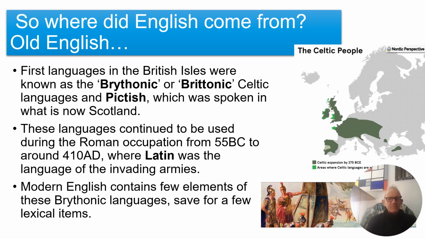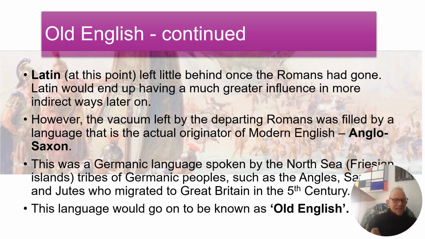So Latin left little behind once the Romans were gone, but it has had a great influence on our language. But also Anglo-Saxon was coming in from Germany, from the Frisian Islands, tribes of Germanic peoples, the Angles, the Saxons, the Jutes, who migrated to Britain in the 5th century.